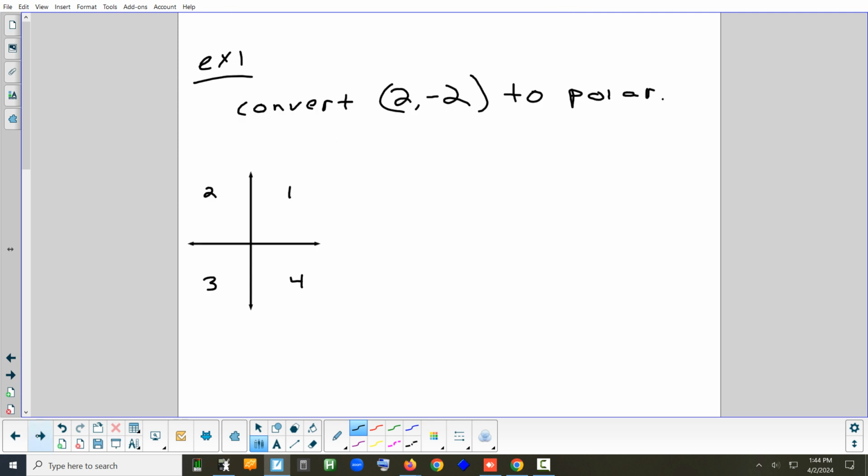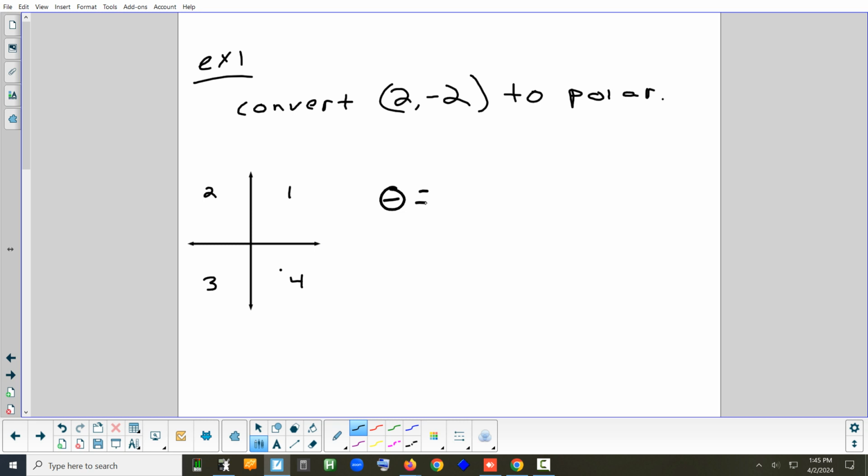All right, so it says convert (2, -2) to polar. Okay, so first step, identify your quadrant. What quadrant are we in? Yep. Quadrant 4. You're right, 2 right, 2 down, so somewhere right about there. Whether you do theta or r first, it doesn't matter. Let's do theta. What's the formula for theta if you are in quadrant 4?